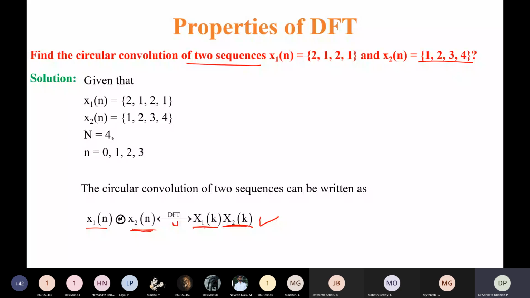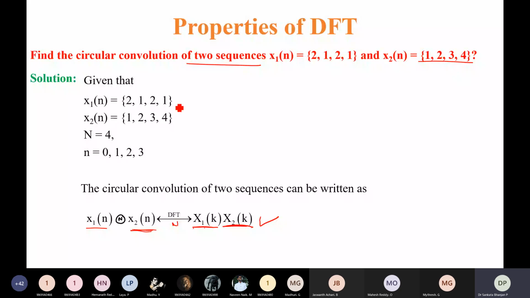When we find its IDFT, we get the corresponding time domain sequence, that is x3 of n. This is the property discussed previously. Now we use it to find the circular convolution x3 of n.